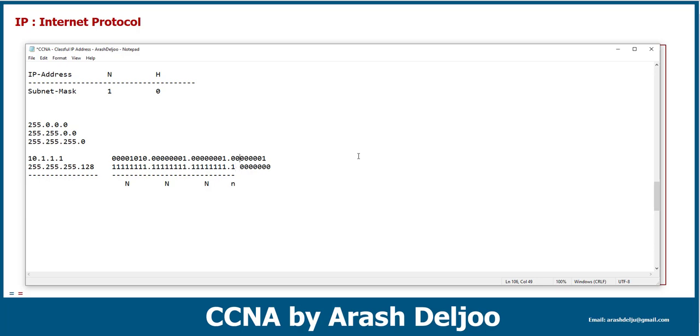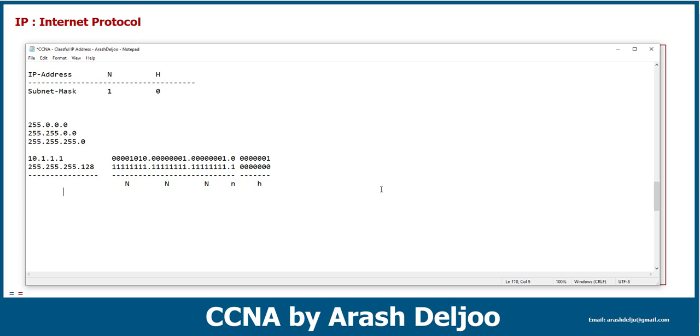This is the usage of classless networks. In classless networks, we don't need to use only 8 or 16 or 24 bits for network or host. Here you have 25 bits of network and also 7 bits of host. It's okay. We don't have any problem with this subnet mask.